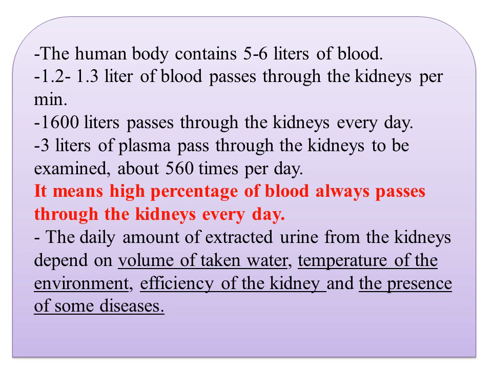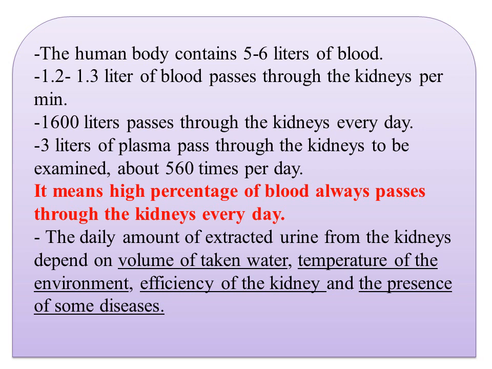The human body contains 5 to 6 liters of blood. 1.2 to 1.3 liters of blood passes through the kidneys per minute. So about 1,600 liters passes through the kidneys every day, and 3 liters of plasma pass through the kidneys to be examined about 560 times per day.